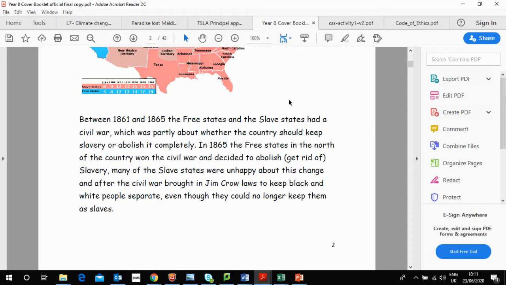In 1865, the free states in the north won the Civil War and they decided to abolish it. Okay. A lot of the states, especially in the South, okay, these pink southern states, they were very unhappy about this. So they brought in the Jim Crow laws to keep black and white people separate. They couldn't keep them as slaves, but they thought, you know what, we'll do the next best thing and keep everybody separate.